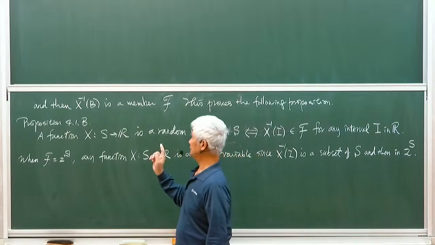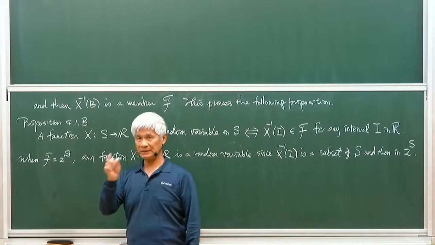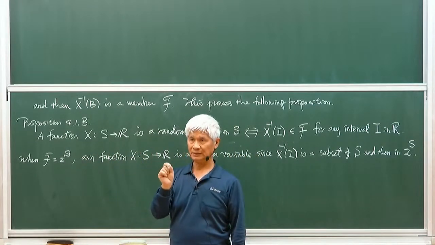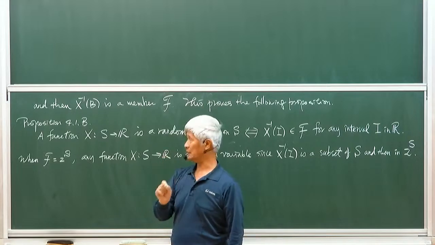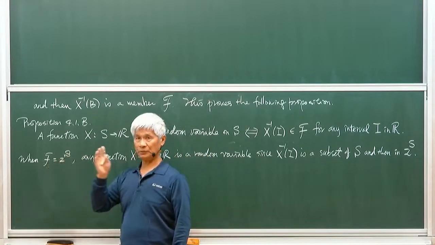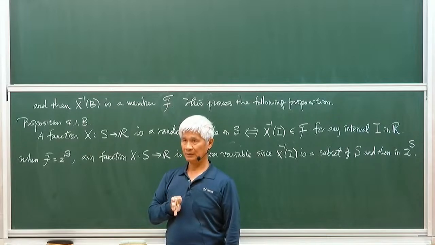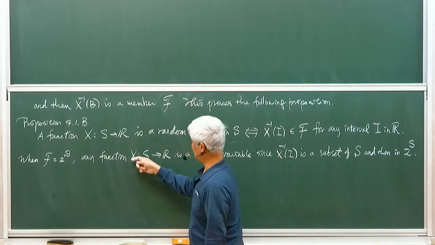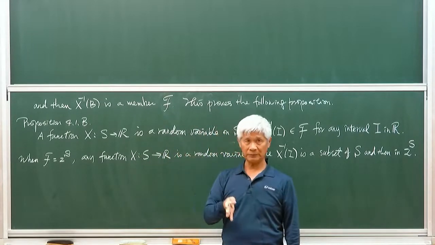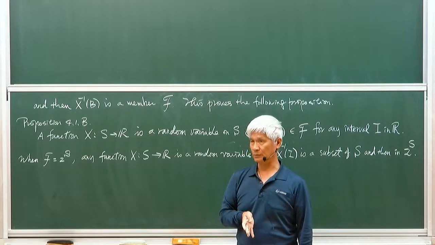So when the sample space is a finite set, we usually select the sigma algebra to be the power set of this finite sample space. So any function on a finite sample space is a random variable.